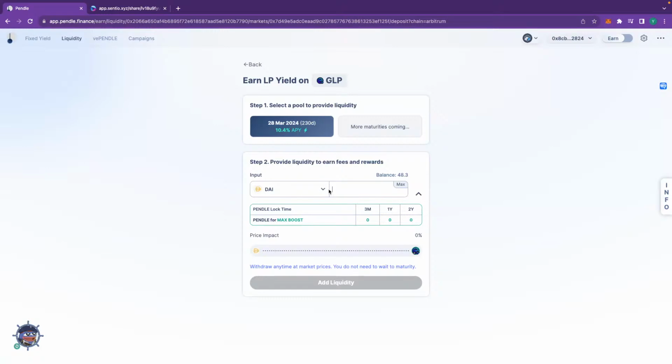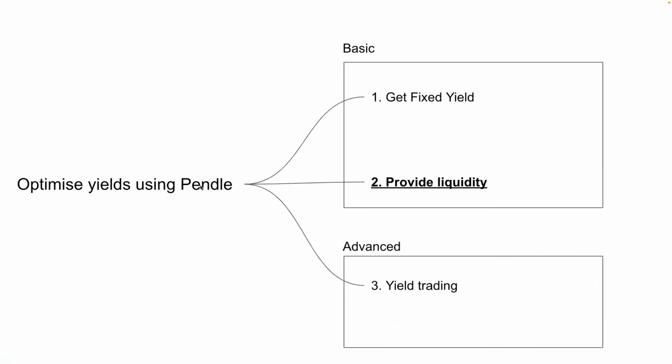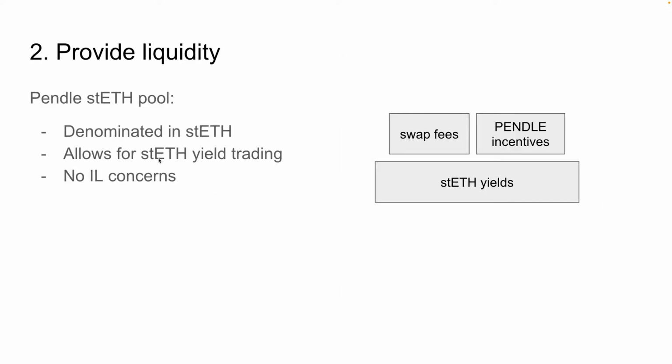Now you might ask, what exactly is the Pendle pool that you are providing the liquidity into? I will provide a very brief explanation. Let's take the example of the Pendle sDE pool. Intuitively, it's a pool denominated in sDE that facilitates trading for sDE.